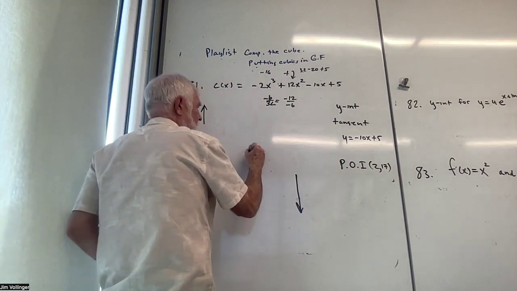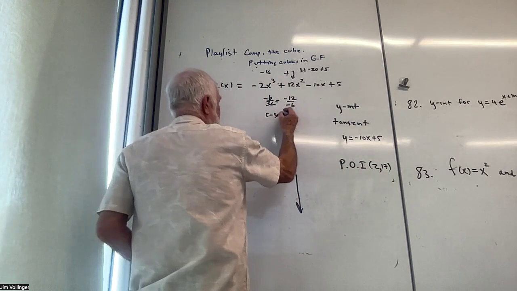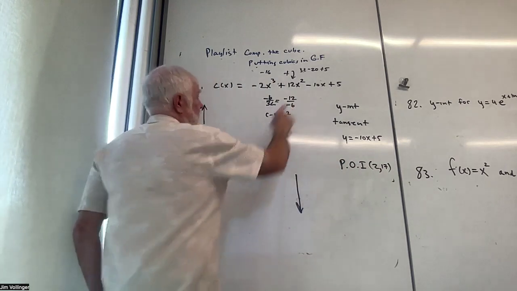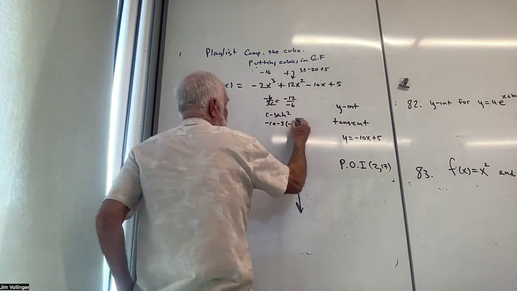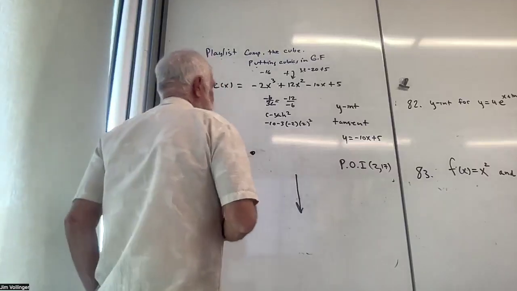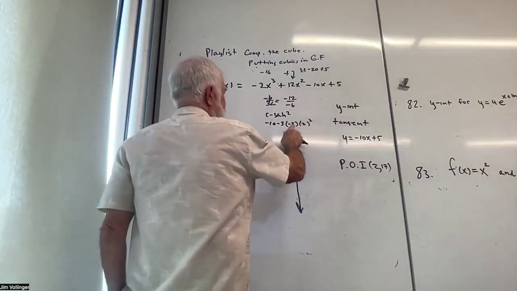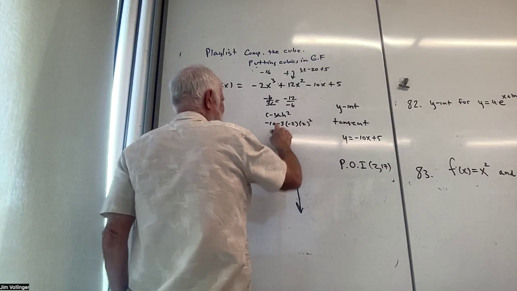You'll have to remember, so that we can see what we're doing at that dot, it's c minus 3ah squared. That's minus 10, minus 3, a is minus 2, 2 squared is 4, so it looks like I'm going up at minus 8, minus positive 24, minus 10, 24 minus 10, 14.